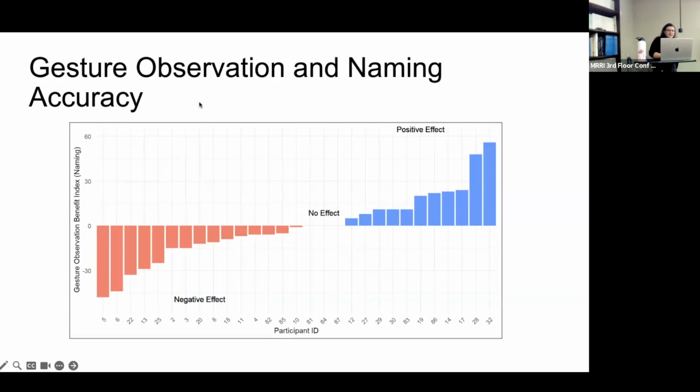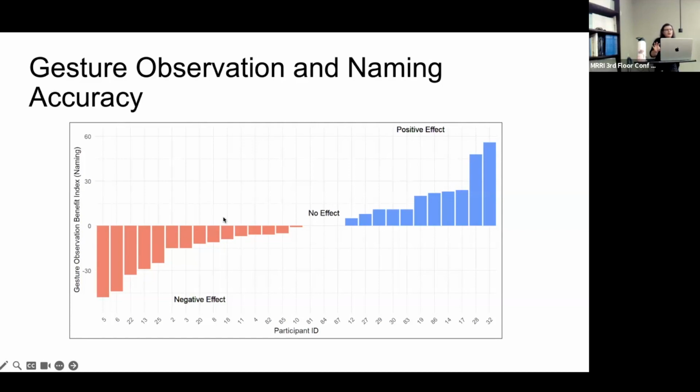And as you can see, there are some individuals who show a pretty positive effect of observing the meaningful gestures on their naming accuracy for Go Fish. And some individuals who actually seem to show a sort of detrimental effect of the observation of these co-speech gestures on their naming. And so we wanted to see if this variation mapped onto anything meaningful.